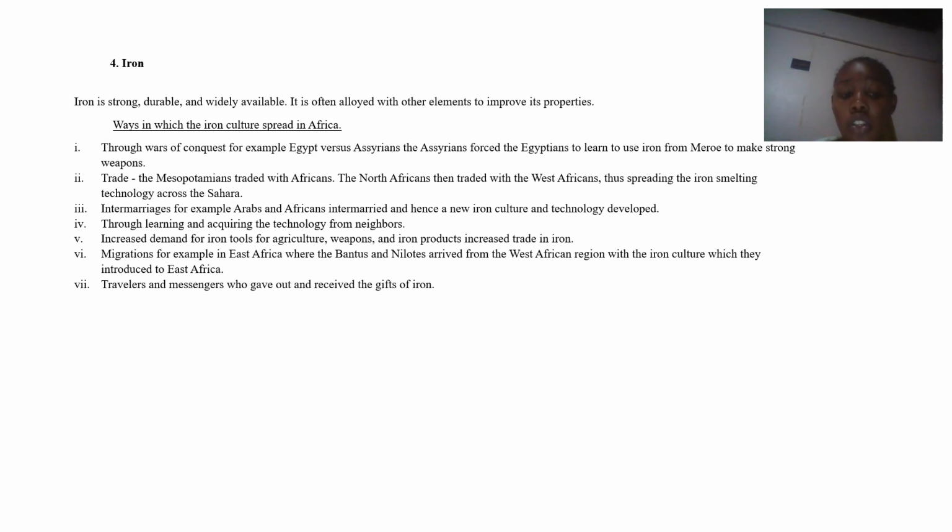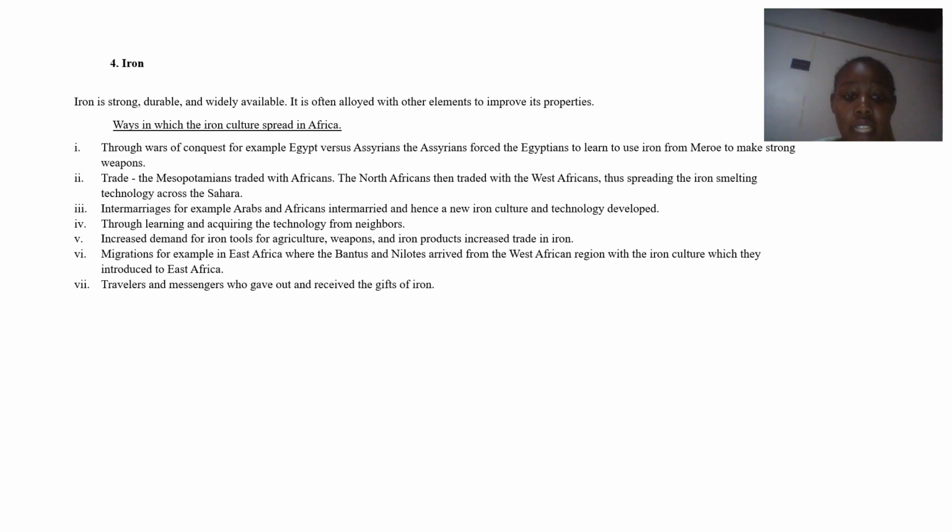Then there was also increased demand for iron tools for agriculture, weapons, and iron products, and increased trade in iron. Then migration, for example, in East Africa where Bantus and Nilotes arrived from the West African region with iron cultures which they introduced to East Africa.